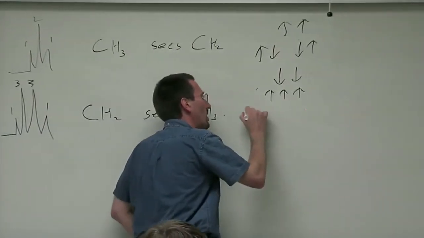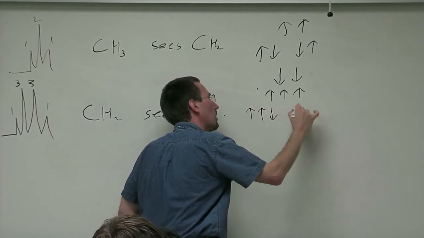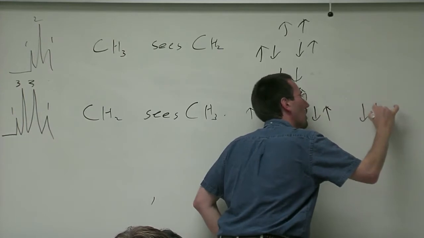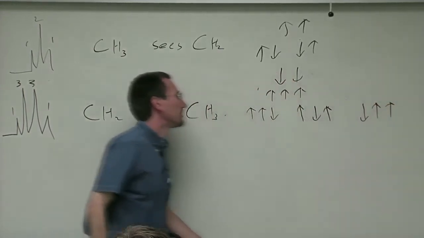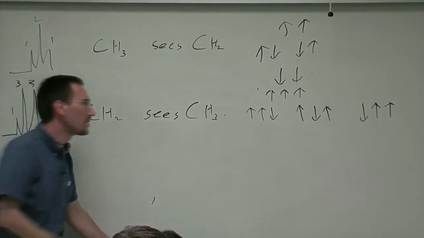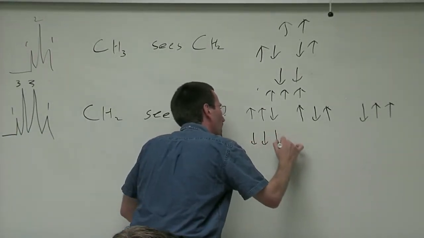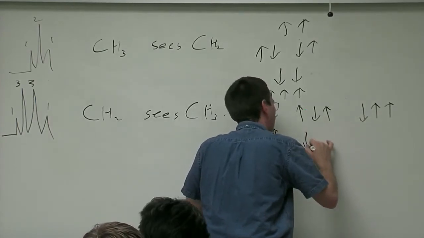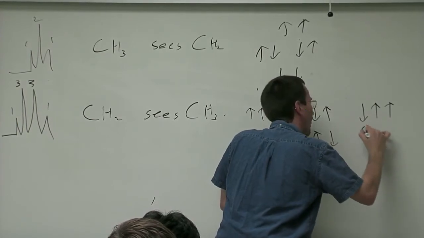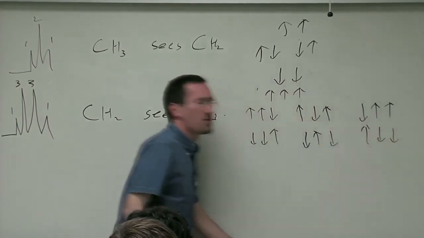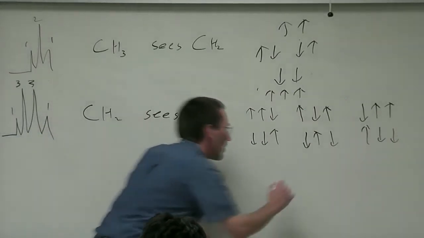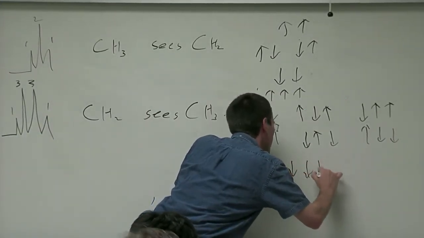And there are 3 different ways that that can occur. Or 2 can be spin down and 1 can be spin up. And again, there are 3 ways that can occur. Or they all can be spin down.